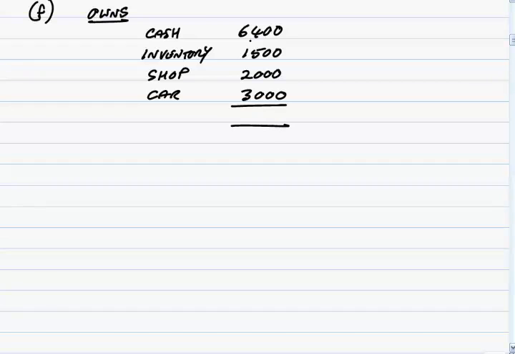And the total assets are now 6, 7, 10, I think 12,900. What does the business owe? Now watch the way I write this. It may seem terribly obvious, but I'm doing it for a reason. We do owe the owner, or we did owe the owner, 10,000.